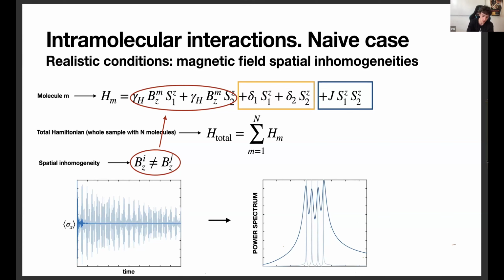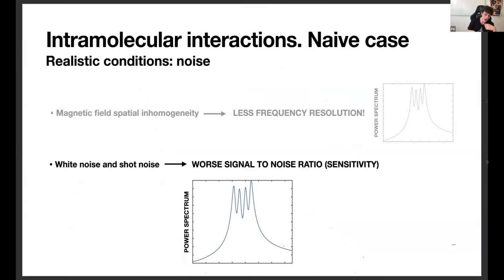So this is one of the issues of working at high magnetic fields. But as I said before, and I will repeat later, it's interesting because you gain polarization and thus you gain sensitivity, signal-to-noise ratio. And this comes here. Now, this is the spectrum that we had considering inhomogeneities, but we have to consider as well sources of noise, such as white noise or shot noise.